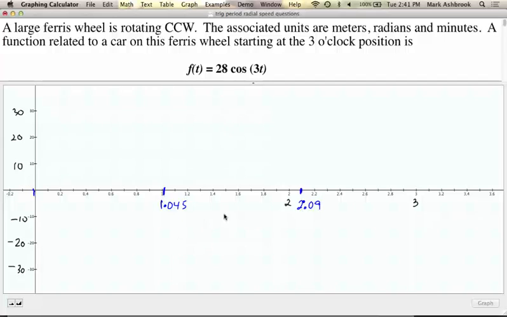And then to get a quarter of the period, take half of that, which will be just over 0.5: 0.5225.